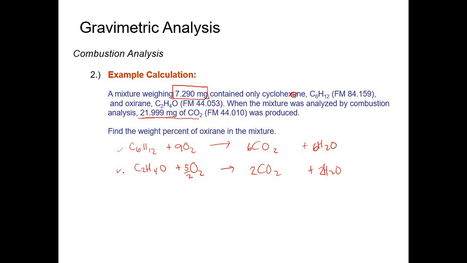Okay? So it has produced 21.999 milligrams of CO2. Because it's 21.999 milligrams of CO2, that is a mixture of the CO2 that comes from the combustion of cyclohexene and oxirane.